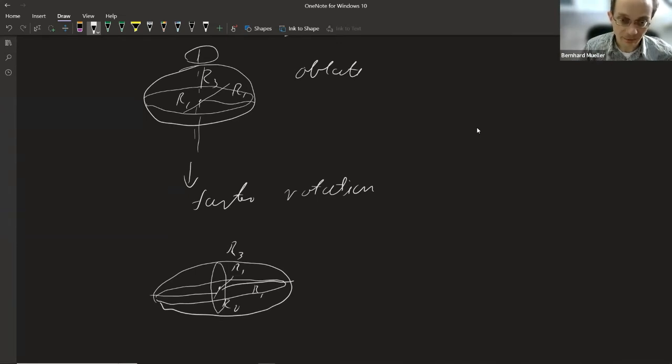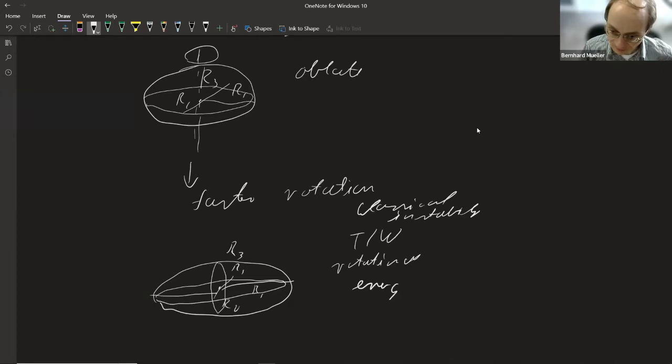And for classical homogeneous self-gravitating fluids, this happens at relatively high values of T over W. T over W is rotational energy versus binding energy W. I might recall these numbers incorrectly, but for the classical Maclaurin spheroids, you hit the instability at about 0.27 or something.